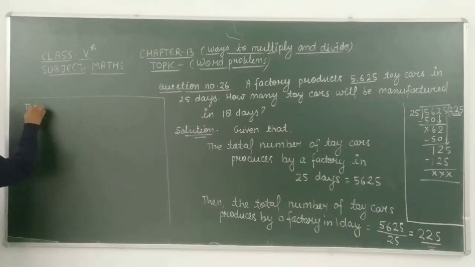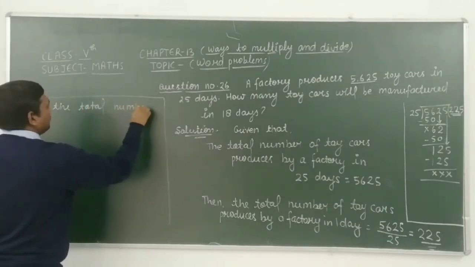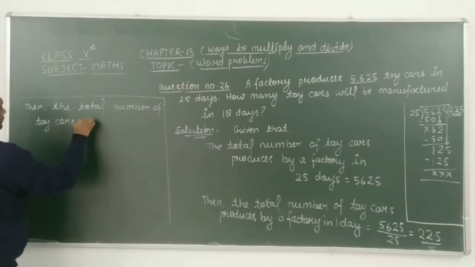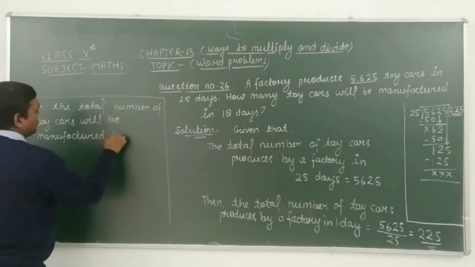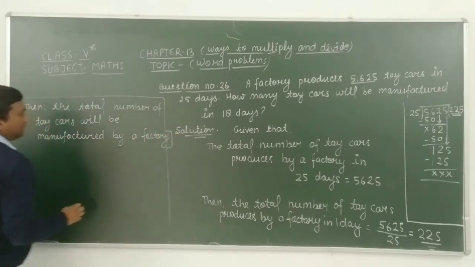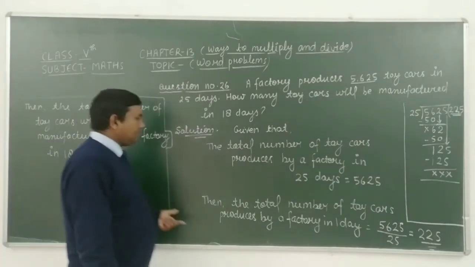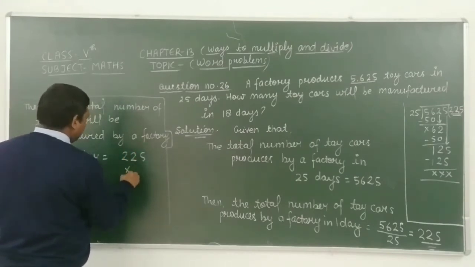Then the total number of toy cars that will be manufactured by a factory in 18 days is equal to the multiplication of 225 by 18.